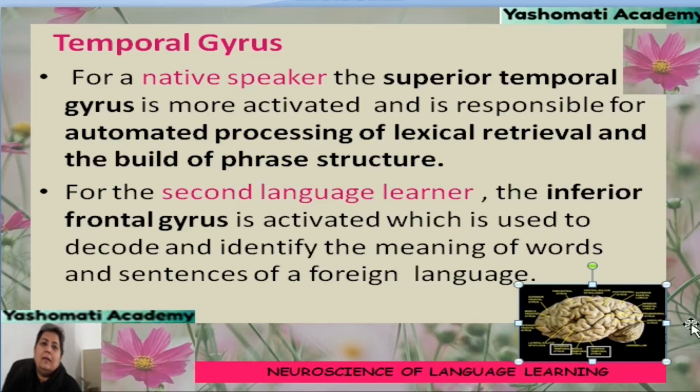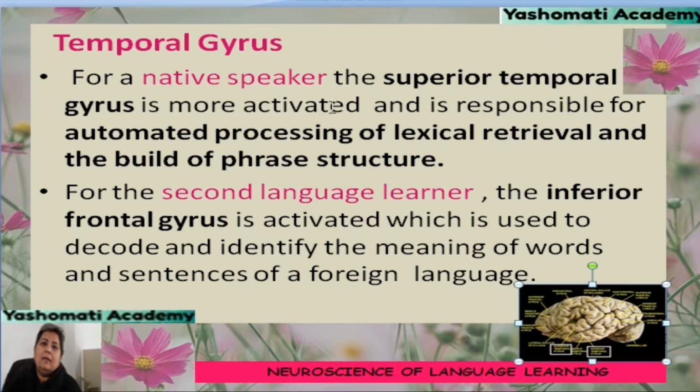So, these two gyri have distinguished roles when we are learning language as a native speaker or as a second language learner. In case of a native speaker, the superior temporal gyrus is activated and it is responsible for automated processing, which means that no conscious effort is required, of lexical retrieval and building of phrase structure.